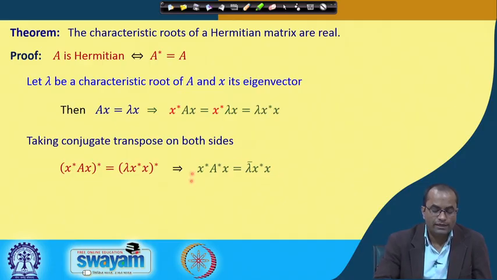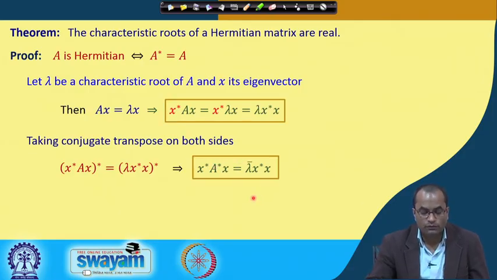So, we have this relation x star A x is equal to lambda x star x, and we also have x star A x is equal to lambda bar x star x. Just by taking the complex conjugate from this equation, we got this equation. Now we have these two equations whose left hand sides are the same because A star is A.